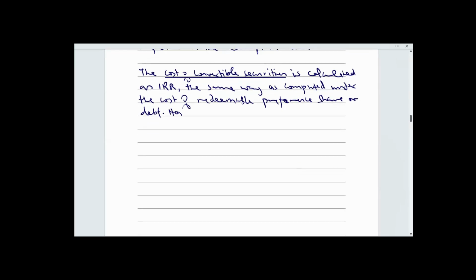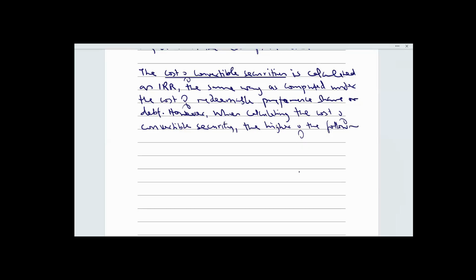However, when calculating the cost of convertible securities, the higher of the following should be selected.